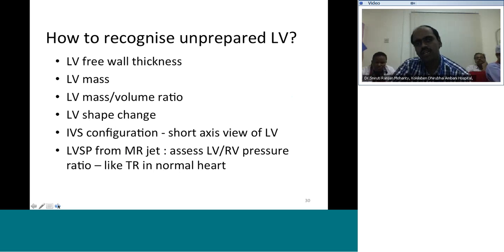So how to recognize this? There are various parameters: free wall thickness, mass to volume ratio, shape, interventricular septal configuration, and left ventricular systolic pressure from the MR jet if you are able to get an MR. Just like how you assess the tricuspid regurgitation jet and assess the RV systolic pressure in a normal heart, you can assess the LV systolic pressure by the MR jet.